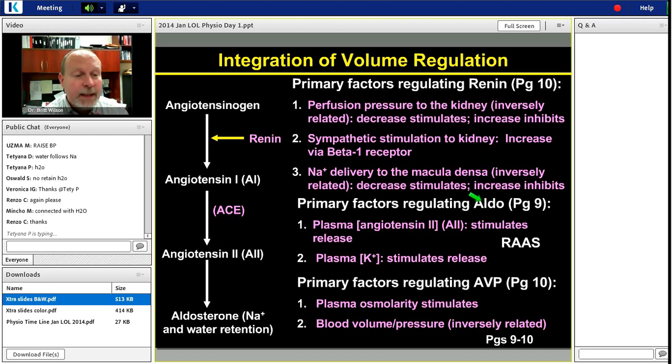That's not necessarily intuitive, but darn is it important. We're going to hammer that. We're going to hit that many times. Okay? So, big players, volume regulation. Aldo, because I regulate sodium to regulate volume. And arginine vasopressin. It is regulating water, so it is regulating volume as well.